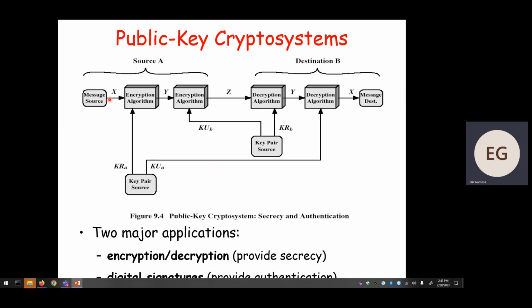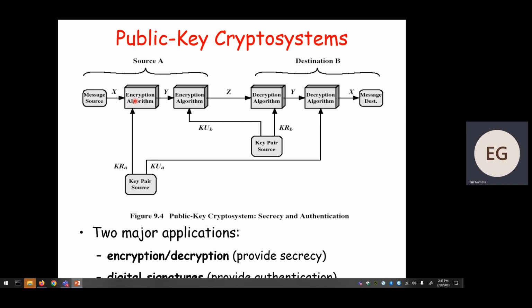If I use my private key to encrypt the message that I want to send, I'm looking for? Yeah, I'm looking for authentication because I'm signing the message. I use my private key. Who can have this private key? Only me. If I am Alice, only Alice can have the private key. So encrypting with a private key is signing the message.